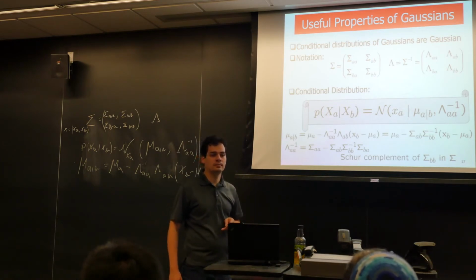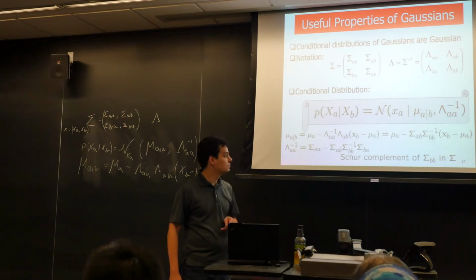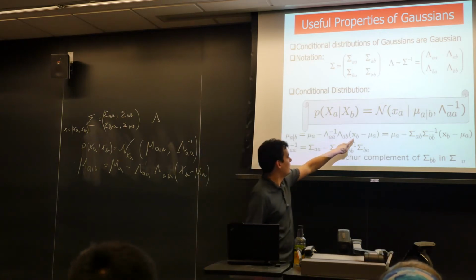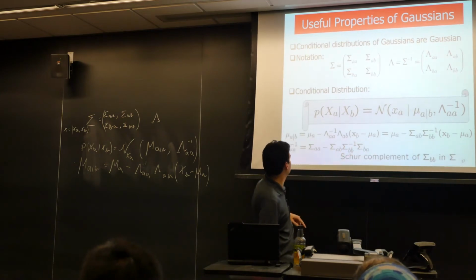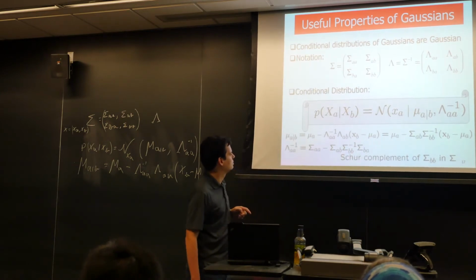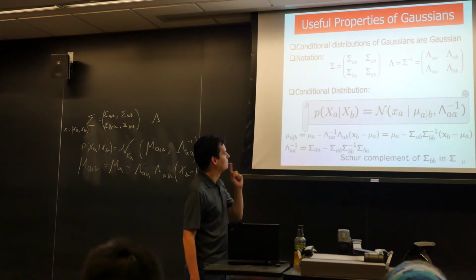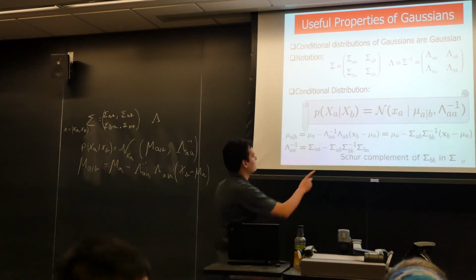Is it XB minus mu B or mu A? It's XB minus mu A, I believe. Where does mu B come in? I think it should be mu B. You might be right, so let me think.